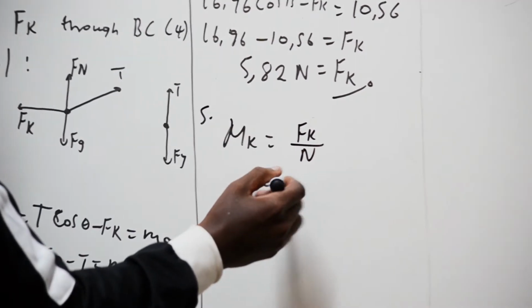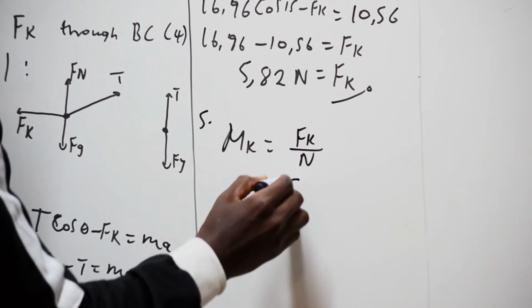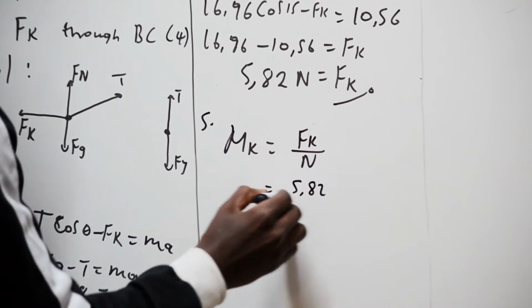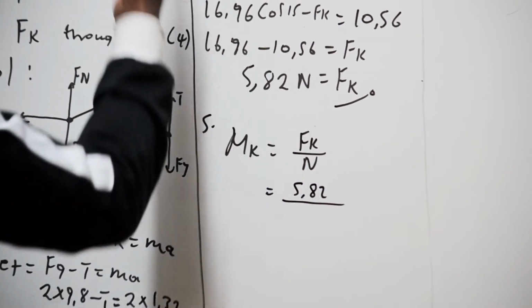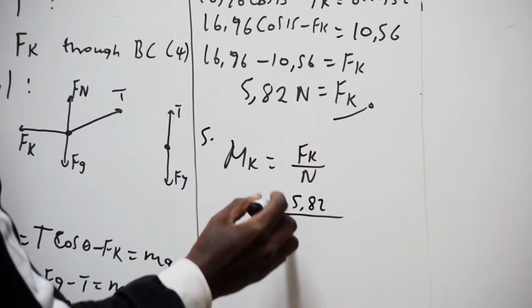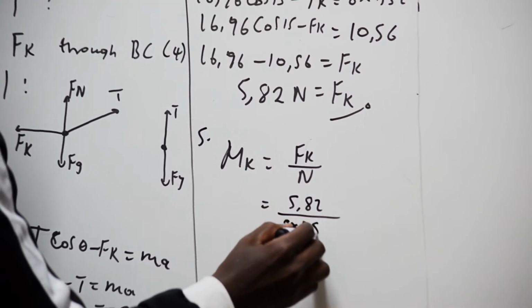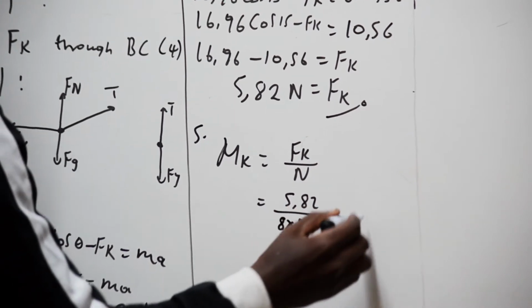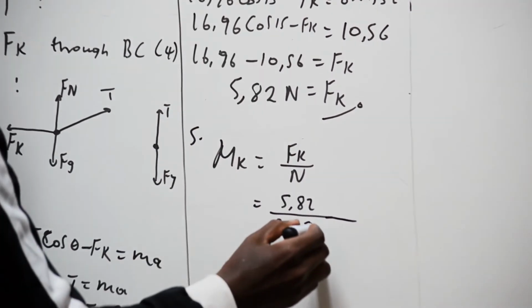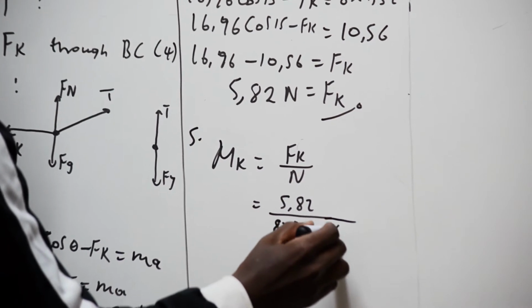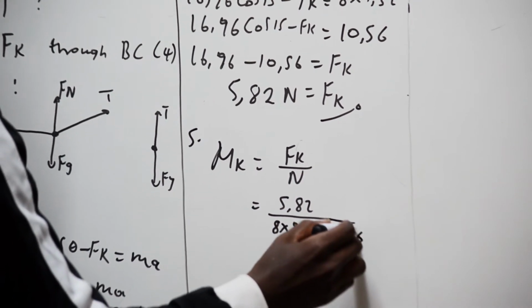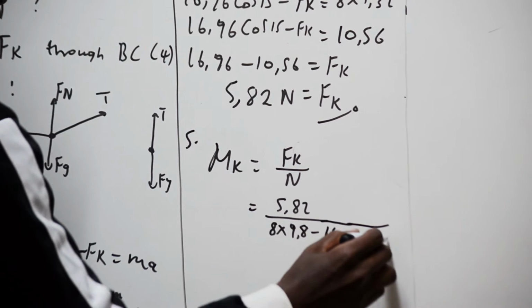Then your Fk we calculated is 5.82 divided by, what is the normal force there? So your normal force will be 8 times 9.8, which is mg, going up, minus tension, which is 16.96 sin 15.